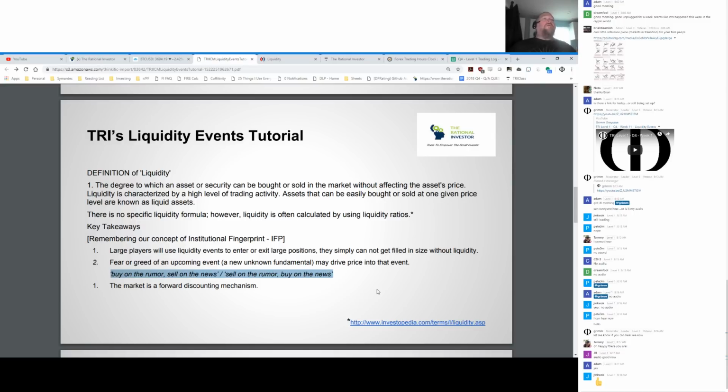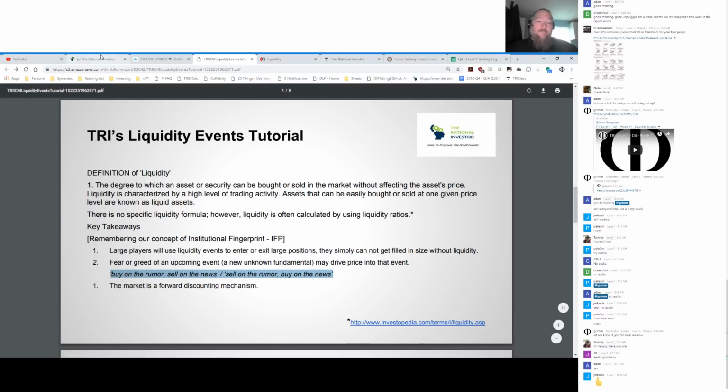When news is expected to be negative, with price expected to go down, prior to that event very often you'll see the price of that asset driven upwards. This is largely so that the larger institutions can get a better sell price, because they're getting out of the position. You'll see the opposite when it comes to positive news. You'll see the price driven down just before positive news very often.